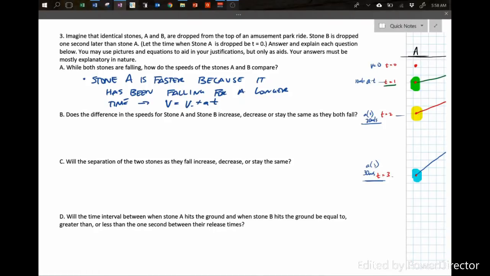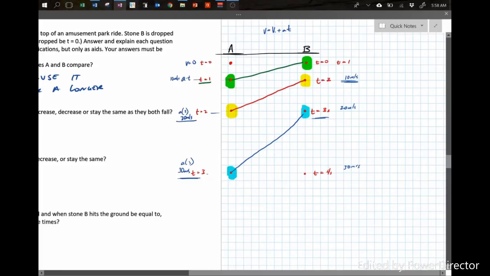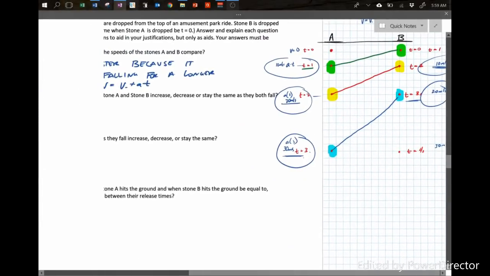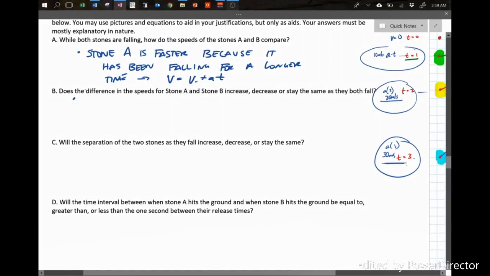Does the difference in speeds for stone A and B increase, decrease, or stay the same as they both fall? Let's look at it. At 1 second, stone A is 10 meters per second faster than stone B. At 2 seconds, A is 20, B is 10, so A is 10 meters per second faster. At 3 seconds, we have 30, 20. It's 10 meters per second faster. The difference stays the same.